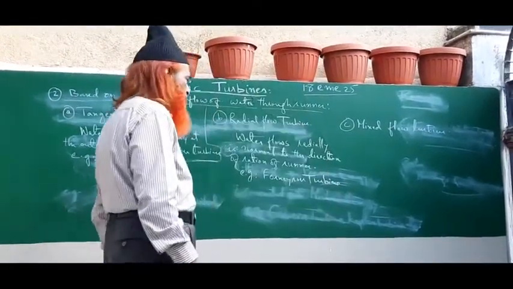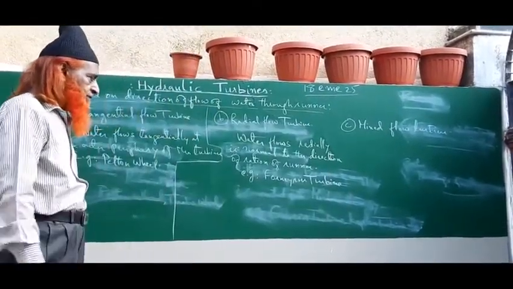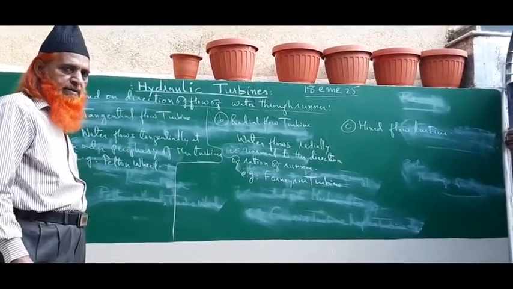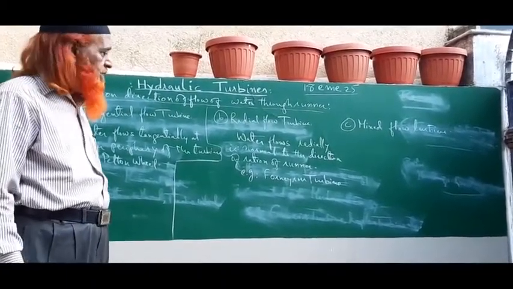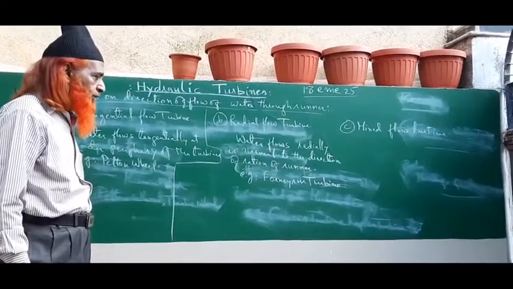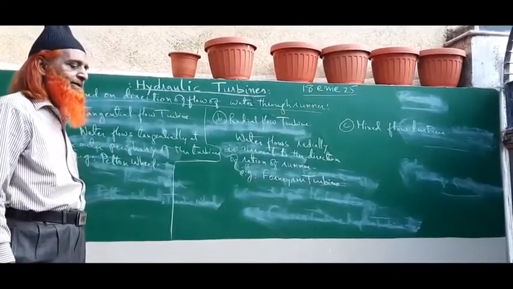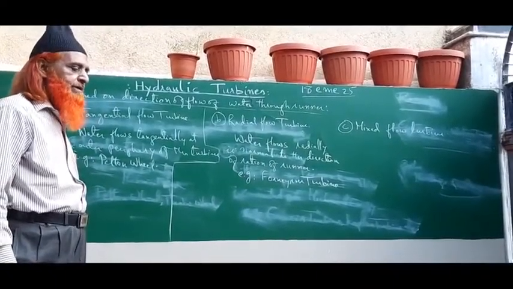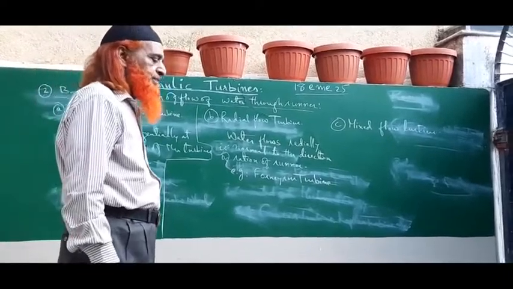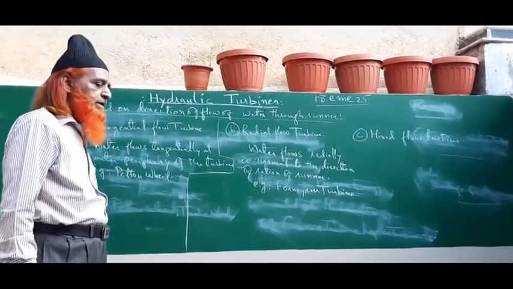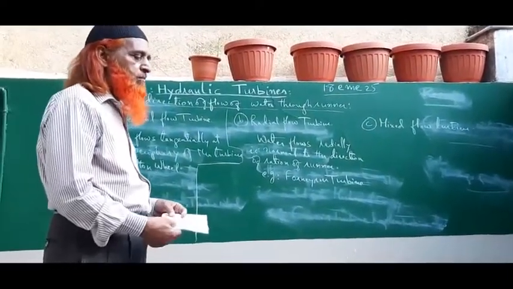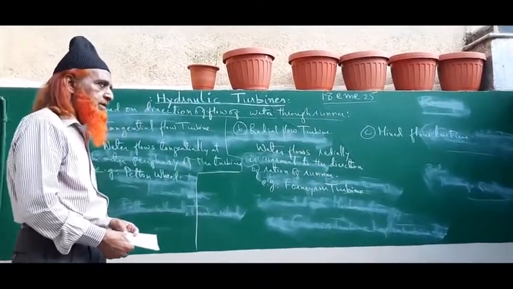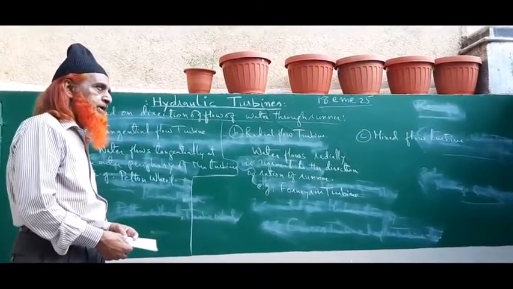This type of turbine is of course out of our reach. That means out of our curriculum. There is an example of radial flow turbine. But one more we can say, of course, modern.